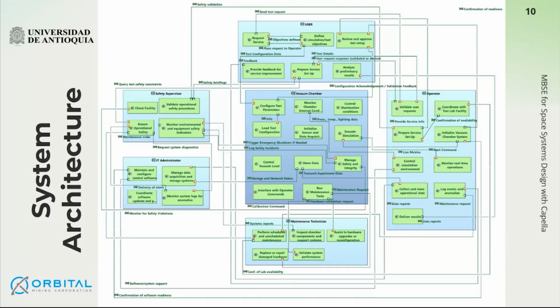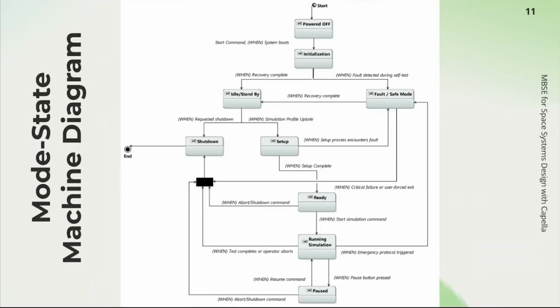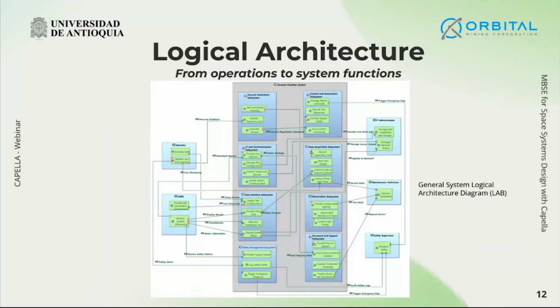This naturally led us to a logical decomposition into systems that we can see in this slide. This logical decomposition led us to a subsystem definition. The subsystem definition includes vacuum generation, control and automation, safety management, IT and communication, and data acquisition.